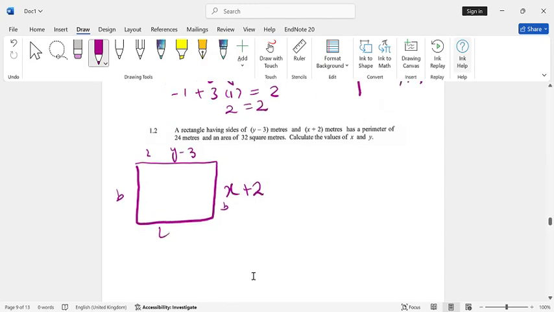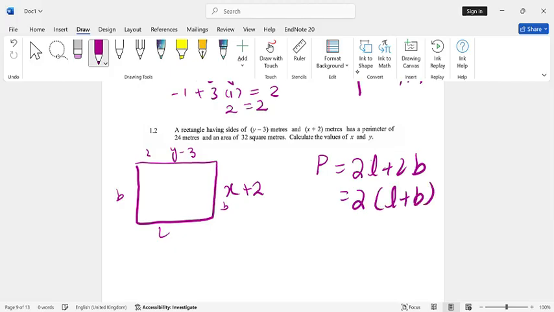As you can see, the formula for the perimeter of the rectangle is 2p equals 2l plus 2b. So we can write it like that, 2 into l plus b, all right? Because we have two lengths and two breadths that are equal, okay?